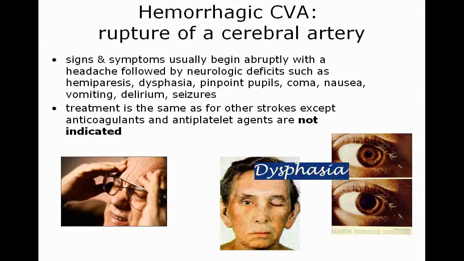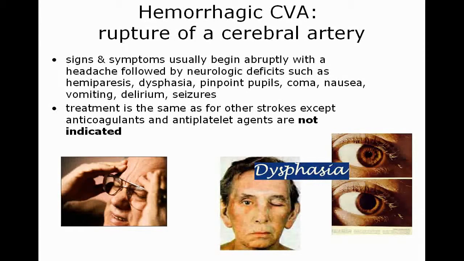The really important part of this is that the other type strokes, the embolic and the thrombotic, are treated with anticoagulants or antiplatelet agents. If it's a hemorrhagic CVA, you'd never want to give a person anticoagulants or antiplatelet agents that are actively bleeding.